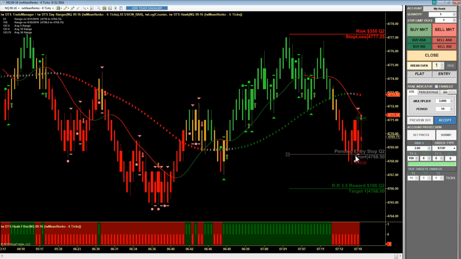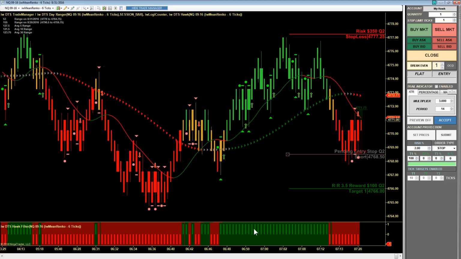Again, it just kind of reinforces the fact that the market is rather sideways right now. This is still a first micro macro cross signal, even though we're producing another set of warning dots.